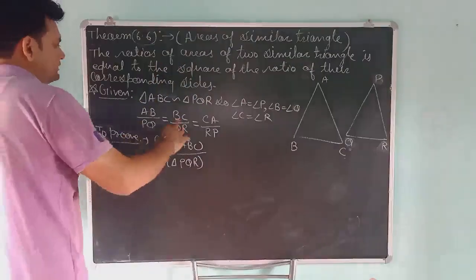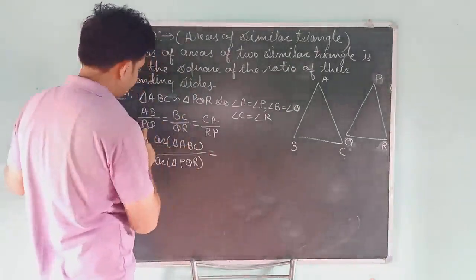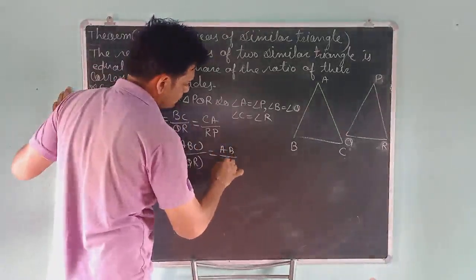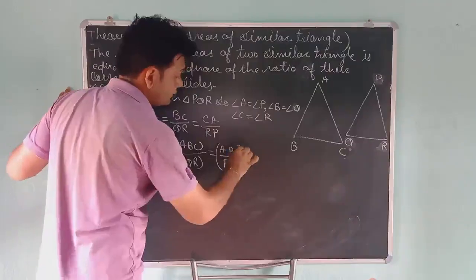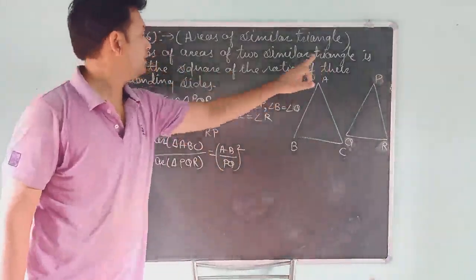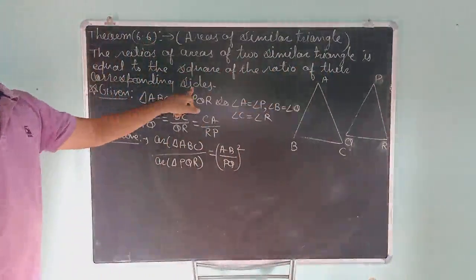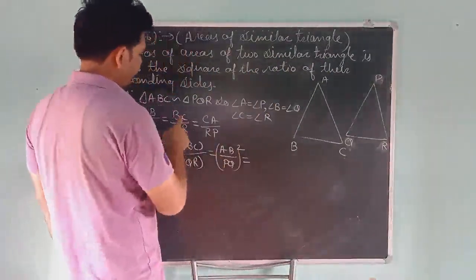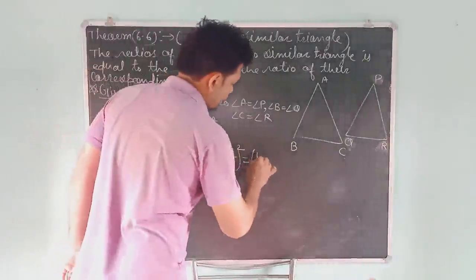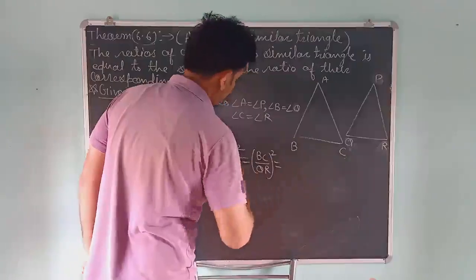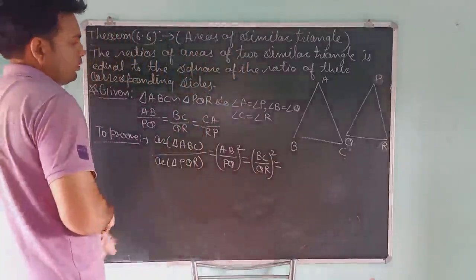The corresponding side ratios are AB upon PQ, so AB upon PQ whole square equal BC upon QR whole square equal CA upon RP whole square.